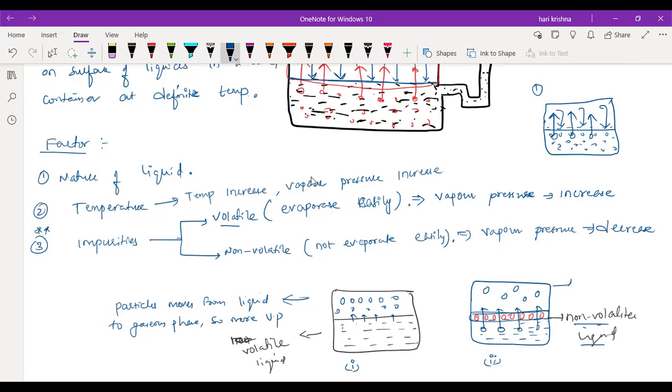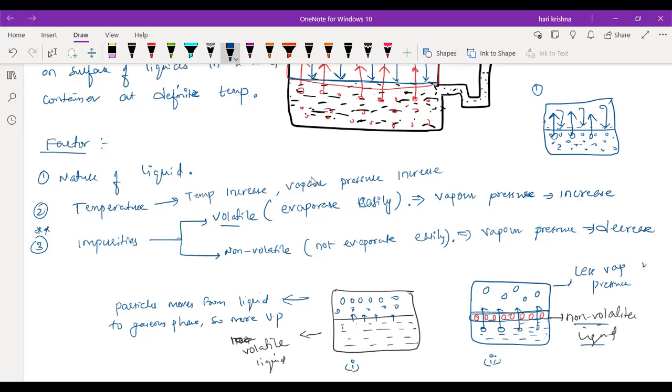What about here? There will be a non-volatile component which will cover the surface of the liquid, so the particles will not move freely from liquid phase to vapor phase. So what is happening? Less vapor pressure.